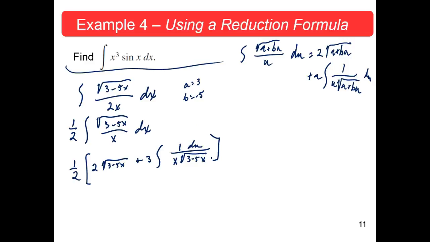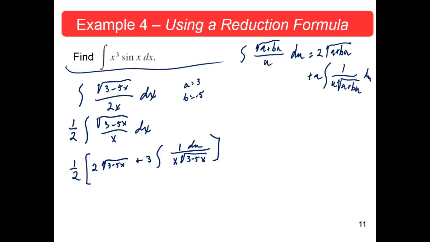Until now you have to go to the table again and see if you can find a square root in the denominator, and that takes you back to number 17. Okay? Now, number 17 has 2 possible answers, one for a's positive and one for a's negative.